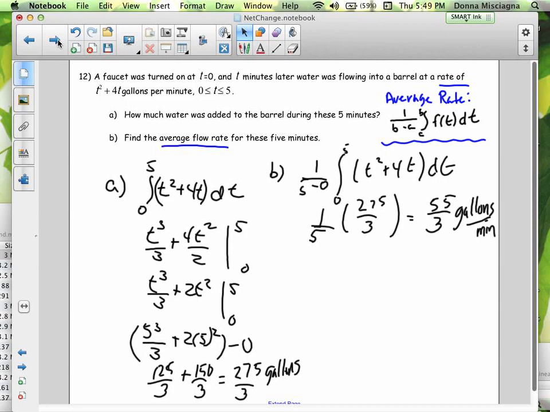To find the average rate, I take that 275/3, the total change, and multiply by 1 over my interval, so divide by 5, and get 55/3 gallons per minute. That's the average change per minute. It doesn't mean that every minute that's how much we changed, because sometimes we may have had more going into the barrel, and sometimes less. Maybe it wasn't a constant rate. But the average change was 55/3.